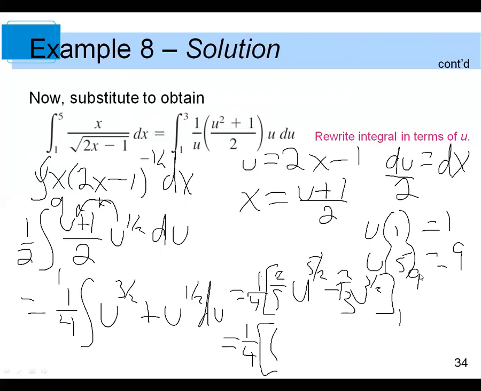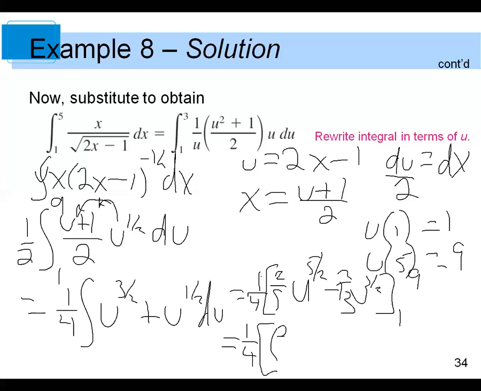So if you plug in 9, you would do 9 to the 5/2 power, which is like square rooting it and taking it to the 5th power. The square root of 9 is 3, and 3 to the 5th power is 243.